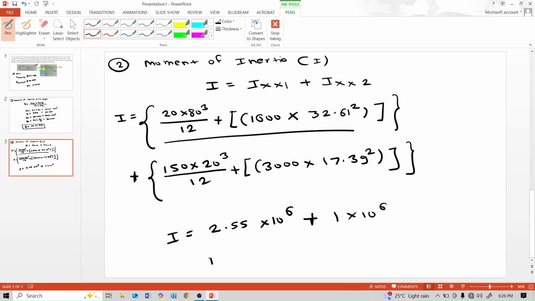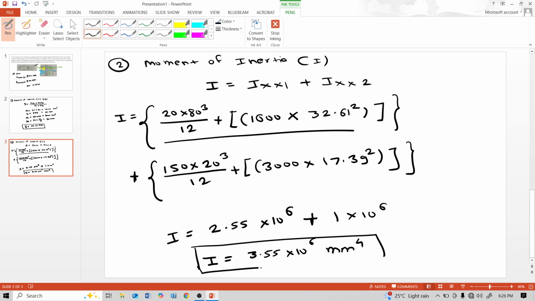This is the moment of inertia of the T section about the x axis, 3.55 into 10 raised to 6.